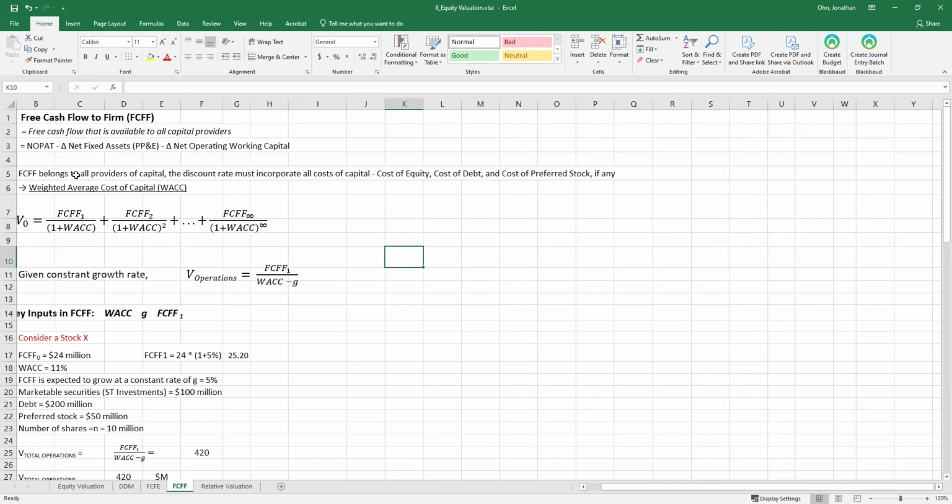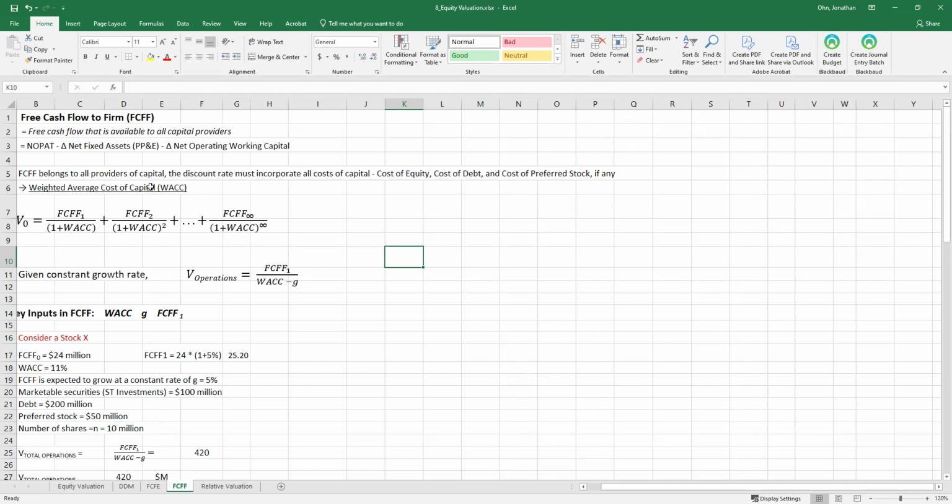Free cash flow belongs to all providers of capital. The discount rate must incorporate all costs of capital. That means it should combine cost of equity, cost of debt, and cost of preferred stock, if any. So you have to calculate the weighted average cost of capital.